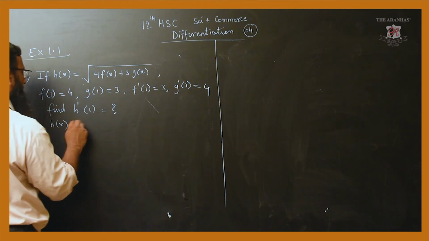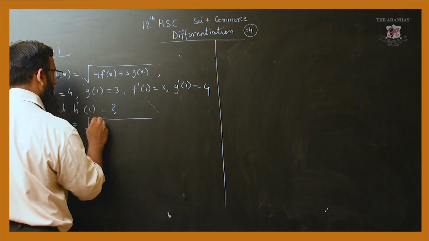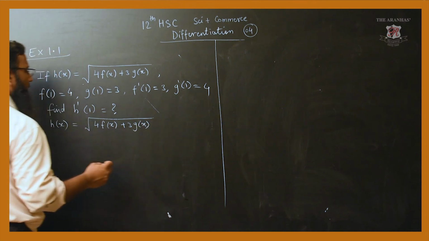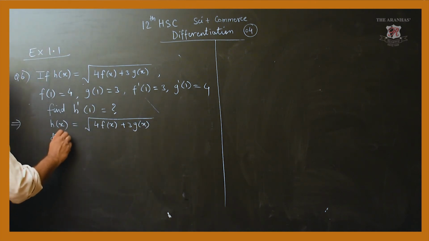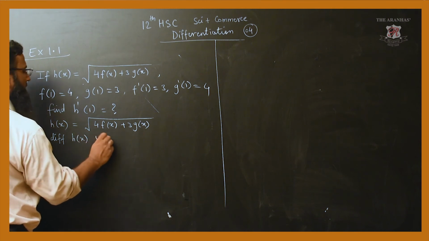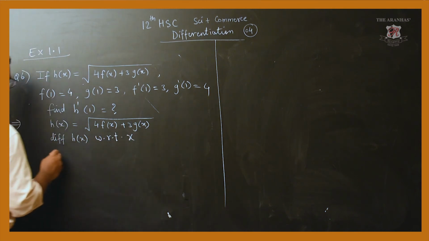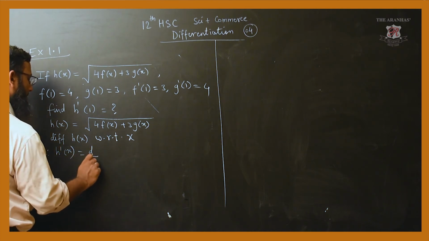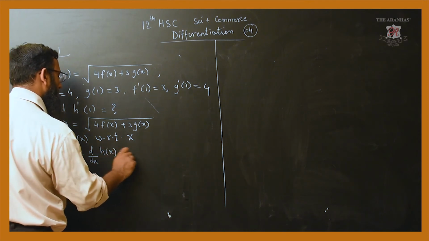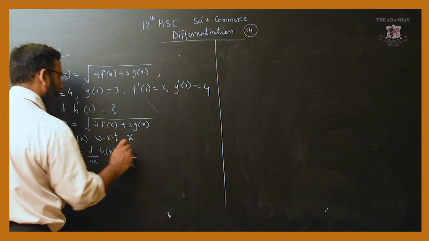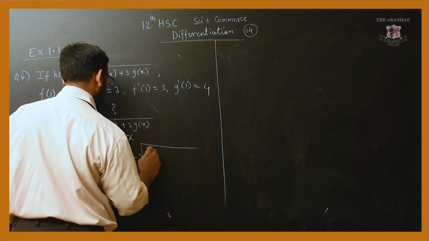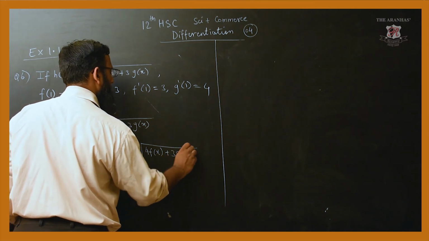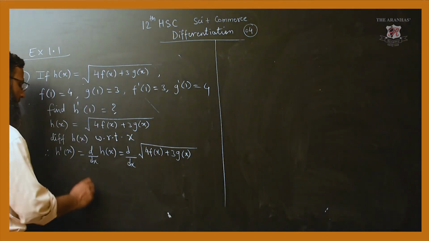We know that h of x is root of 4 of f x plus 3 of g x. Differentiating h of x with respect to x, h dash of x will be d by dx of h x, which will be d by dx of root 4f of x plus 3g of x.